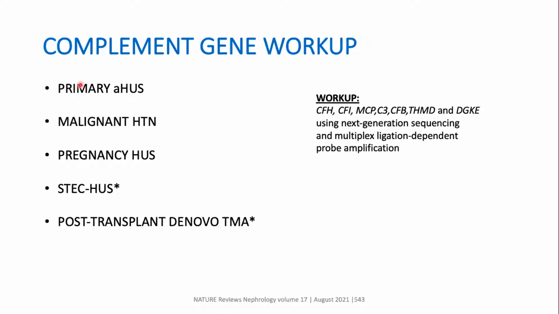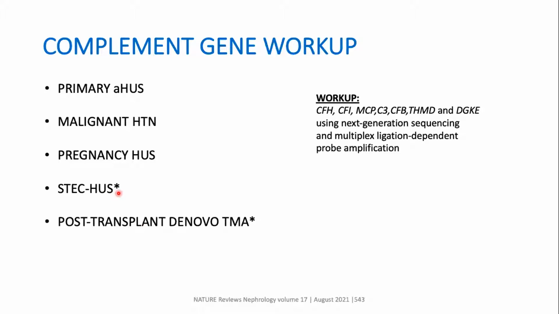So who should be worked up for the complement genes? All these groups: primary atypical HUS, malignant hypertension group, pregnancy related HUS, some patients with STEC HUS, and post-transplant de novo TMA after ruling out antibody mediated rejection and drug toxicity. All this group has to be worked up for the complement genes.